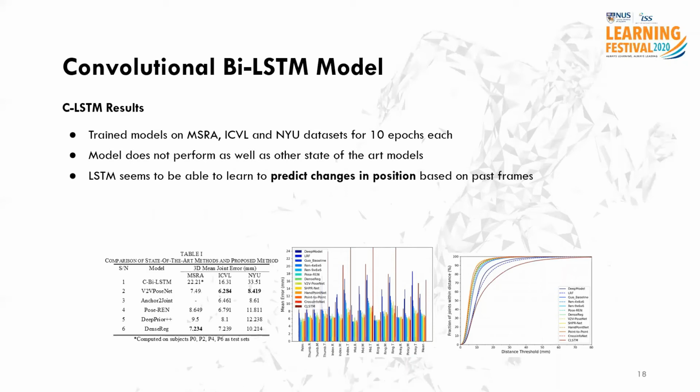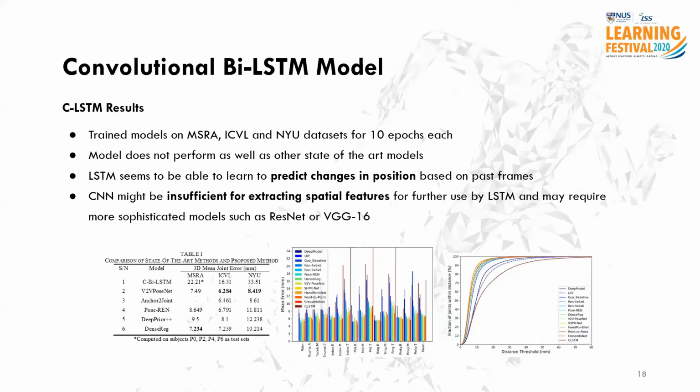When this was examined further, we found that the LSTM layer seems to be able to learn and make use of the past few hand images in order to extract the current position estimates. But the CNN layer might not have been sufficient for extracting the spatial features for further use by the LSTM, that means the hand shape itself.